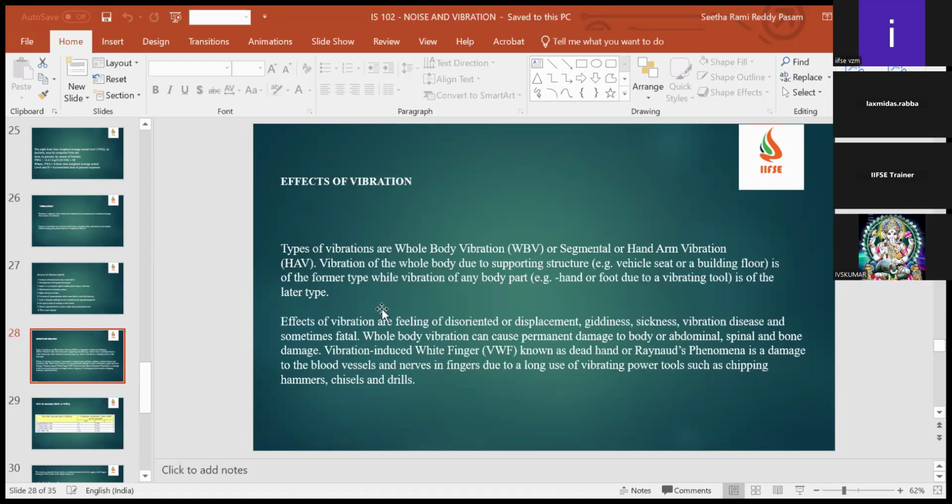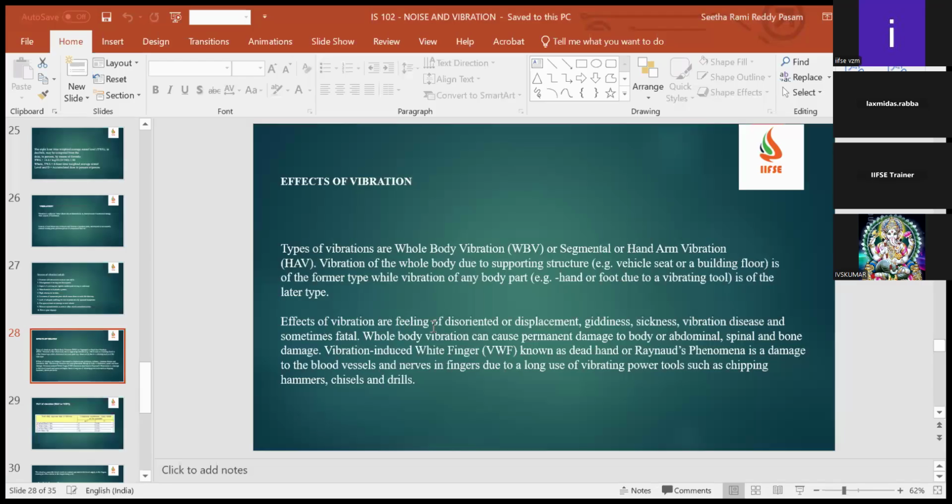Here your complete body gets the vibration. In HAV, hand arm vibration, it is particularly if you are using any hand tools. In such cases, you will feel this hand arm vibration.